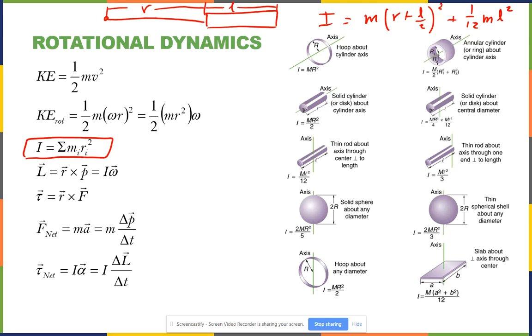So how do you get these moments of inertia for homework problems? Unless you're in Physics 251, you look at the table. No one's expecting you to memorize that table. You should know the equation, or of course it'll be given to you on the test, but you should be comfortable with this equation for the moment of inertia.